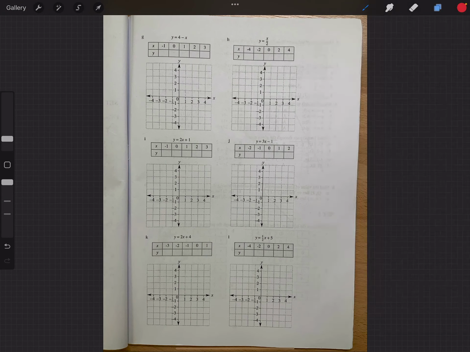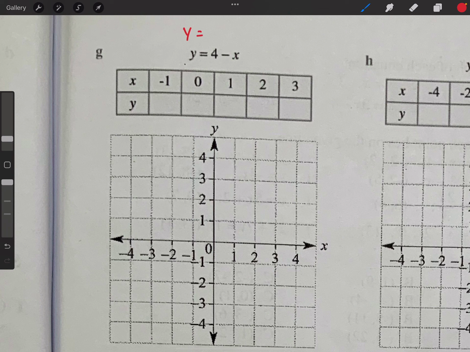Let's try something a bit trickier. How about this one here? Question G. First, I'm going to fill in the table of values. So, when x is equal to minus 1, what's y? Y is equal to 4 minus a minus 1. Right?